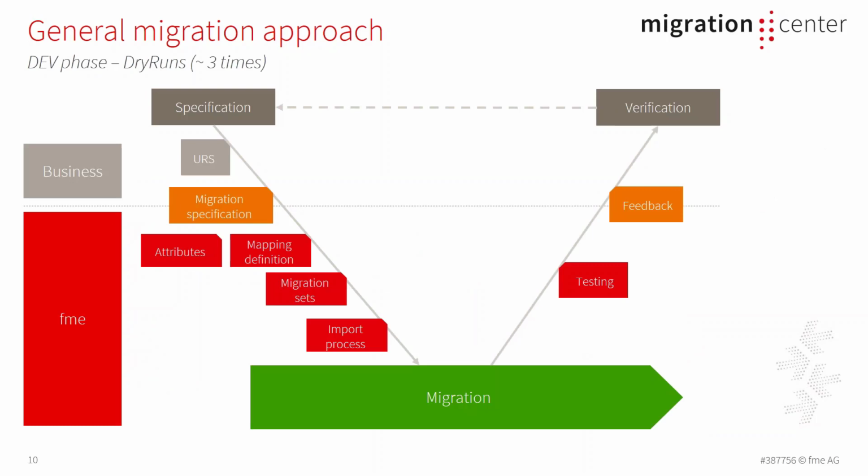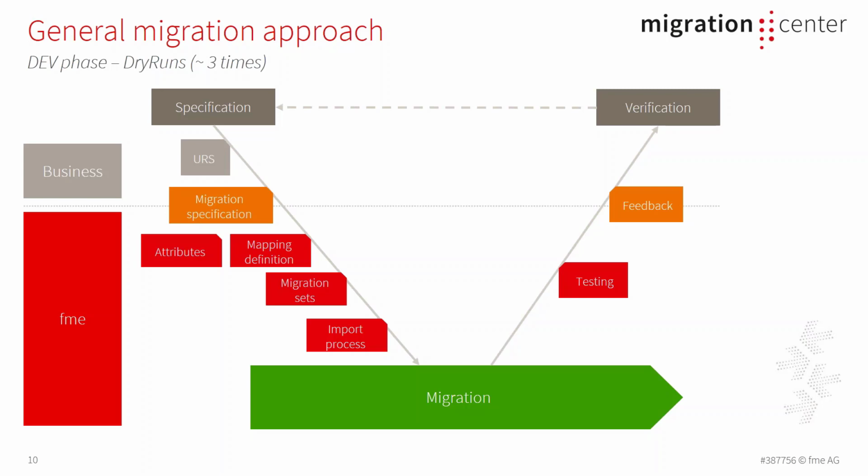From this V model perspective, this is for the development phase. You've got your specification, you set up your user requirements, and now we can specify with you, as consultants, the migration specification. That covers which attributes will go from your source system to the target system, which you need, how they should look, the mappings, security, and whatever.